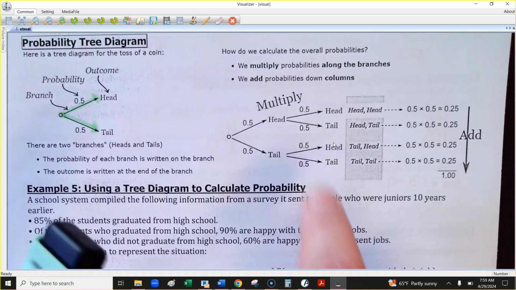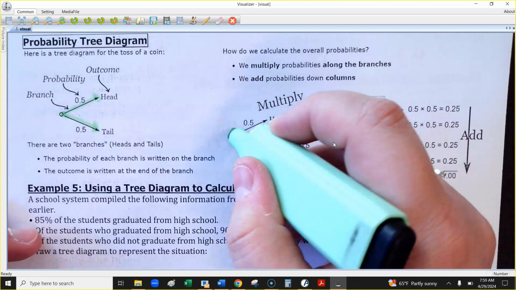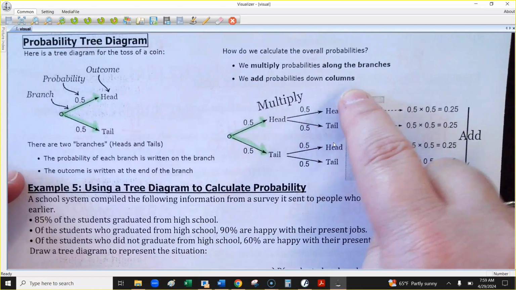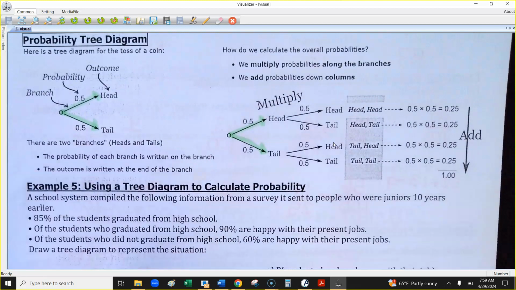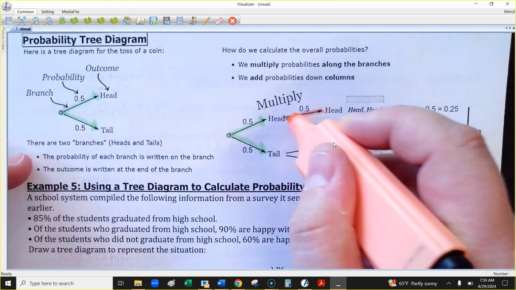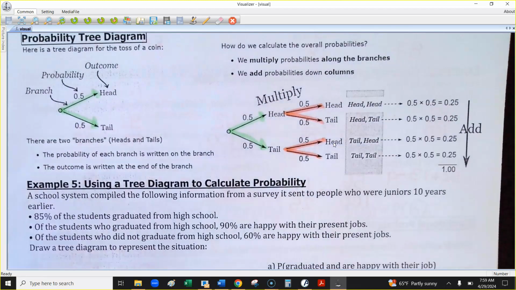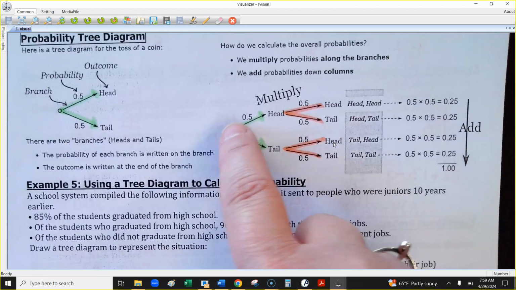Now, this one's a little bit more elaborate, but building on that same one. The way these work, if you want to calculate the probability of something, is you multiply along the branches. So this has heads and tails, and then it's flipping the coin a second time. If I got heads the first time, I flip the coin again, my options again are heads and tails, the same probabilities, still 50% heads, 50% tails. If I wanted the probability I flip 2 heads, I would multiply along the branches for that result.